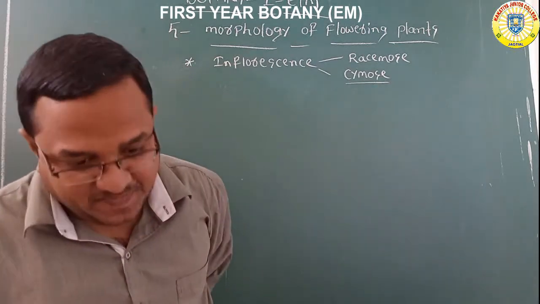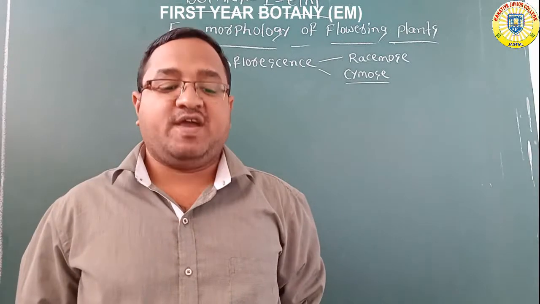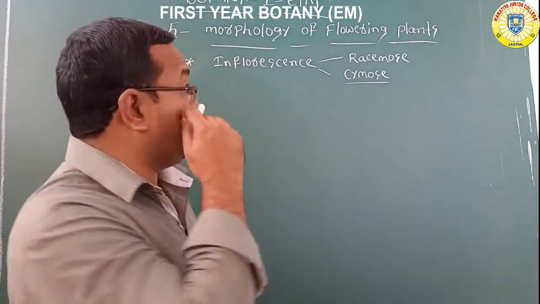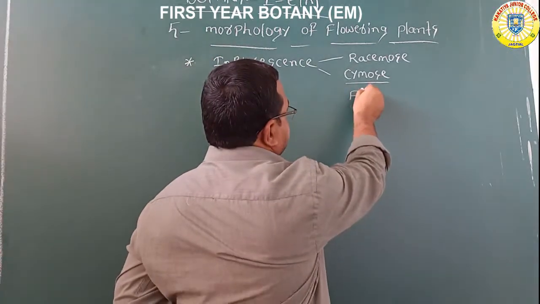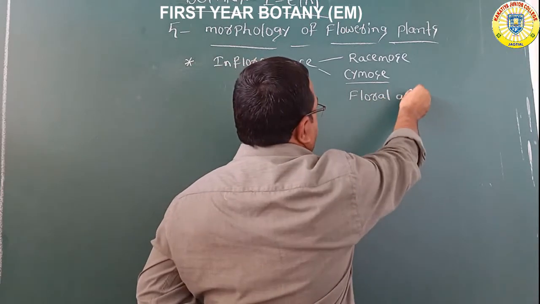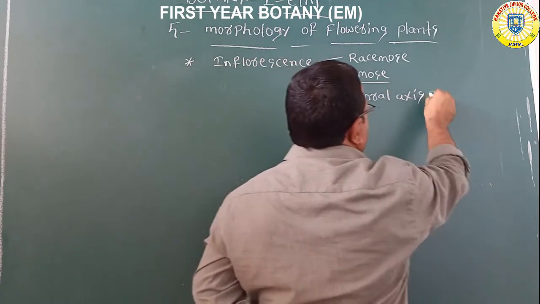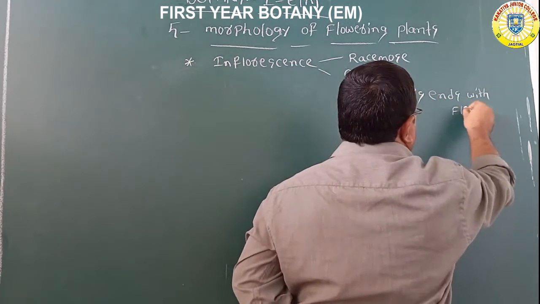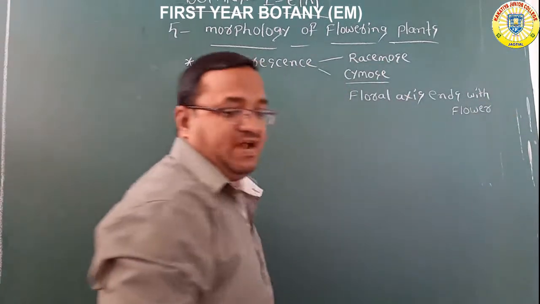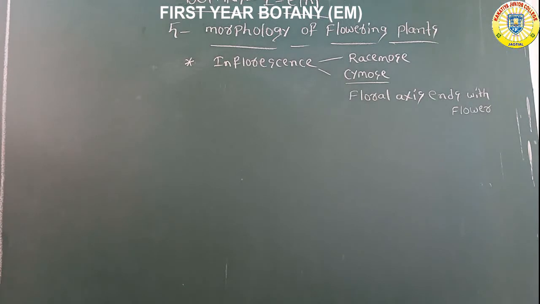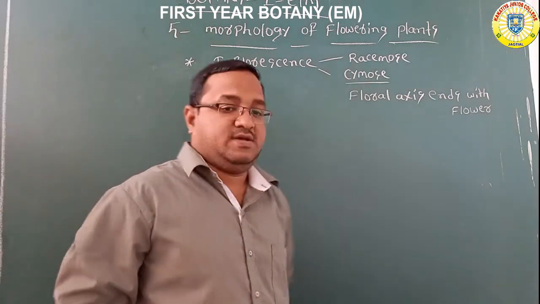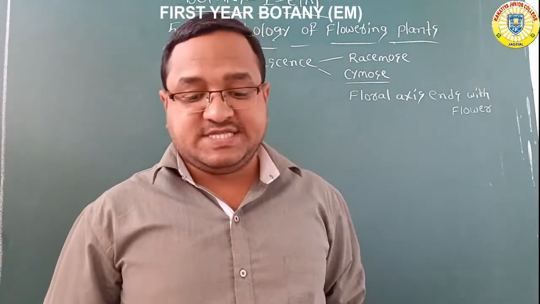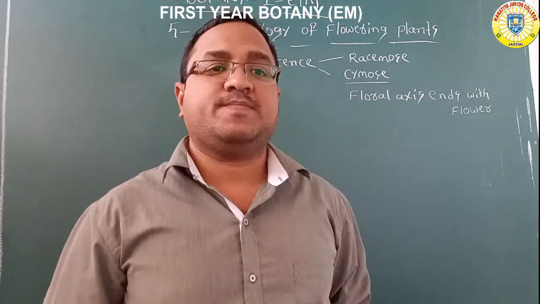Especially in this cymose type of inflorescence, the floral axis ends with a flower, and this floral axis can show only limited growth.